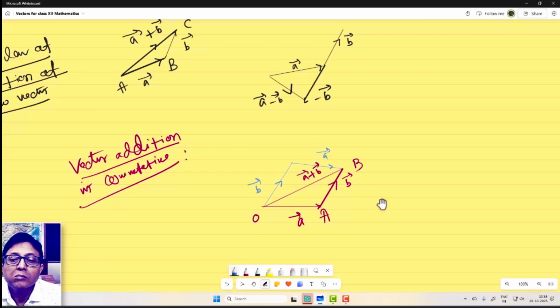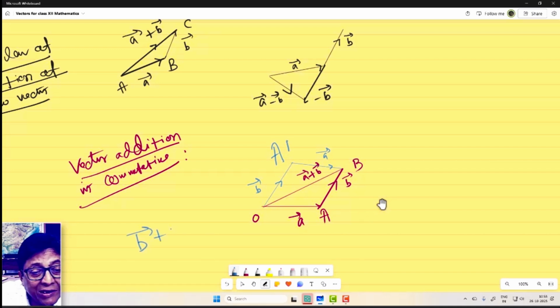Now, A plus B, you have taken in this manner, A vector. I mean, OB represents A plus B. See, this time, B plus A is what? This is OA dashed. So, B plus A by triangle law is also OB.